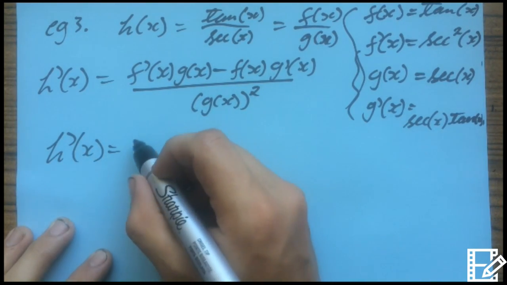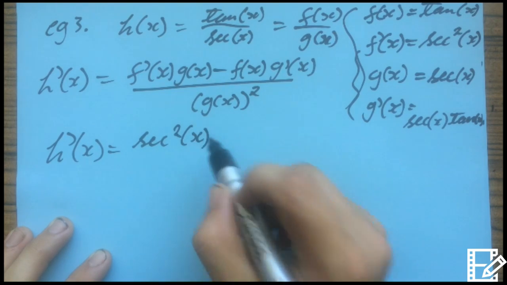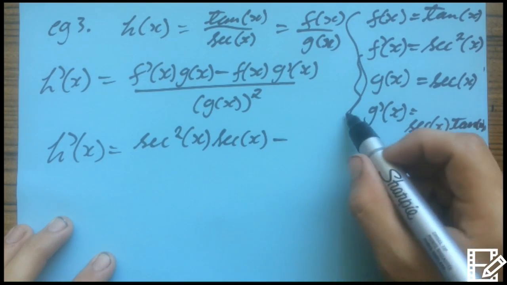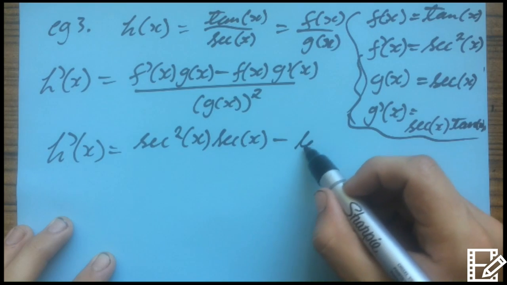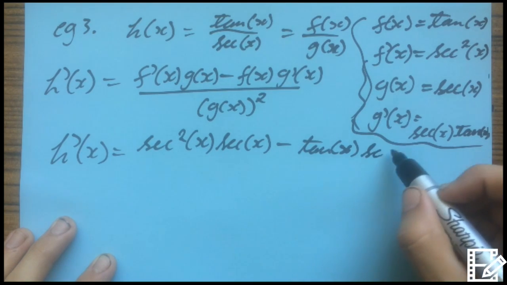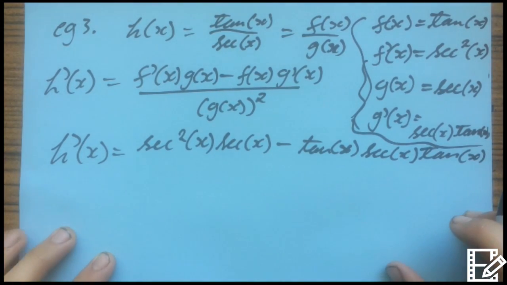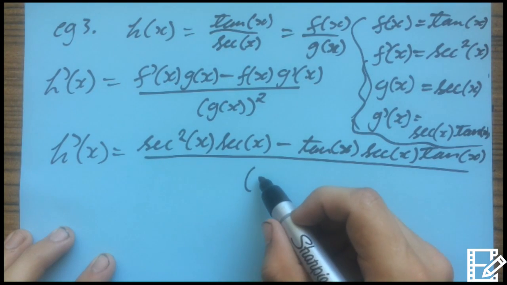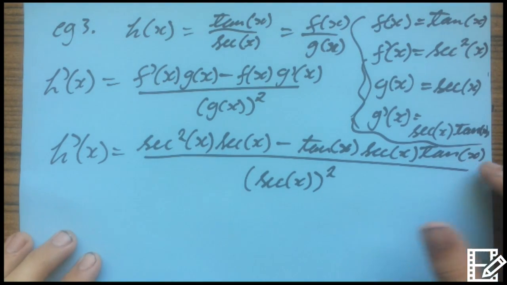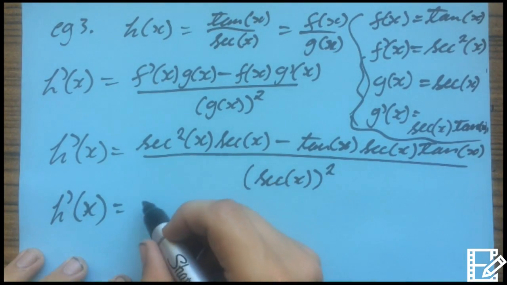What we end up with is the derivative of the first function multiplied by the second function, minus the first function multiplied by the derivative of the second function, all over the second function squared.